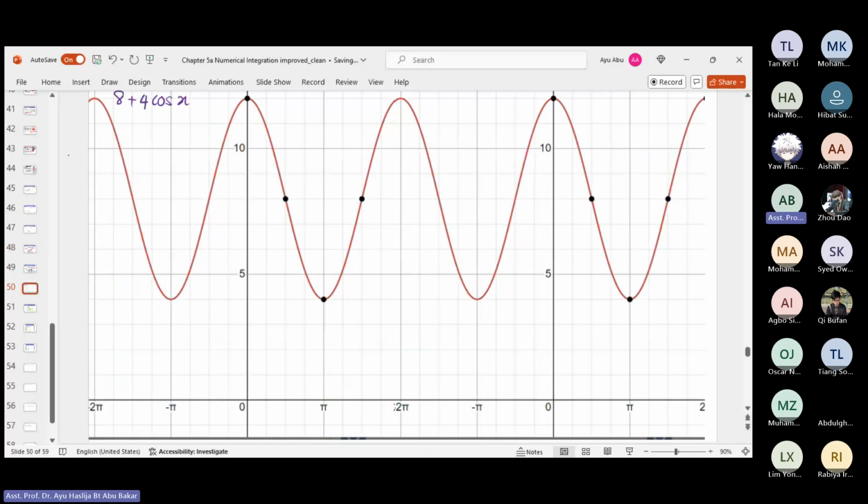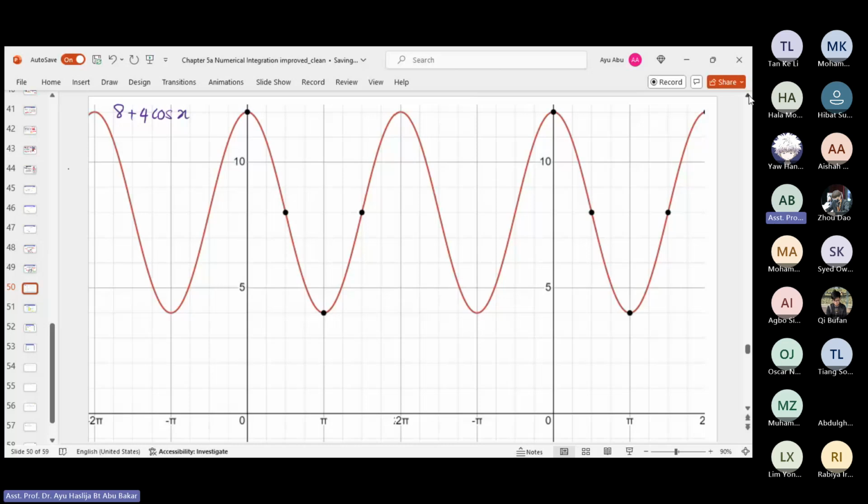Now this one, I wanted to show you the difference. If you have this kind of curve, let's say at your A and B between negative pi to pi.